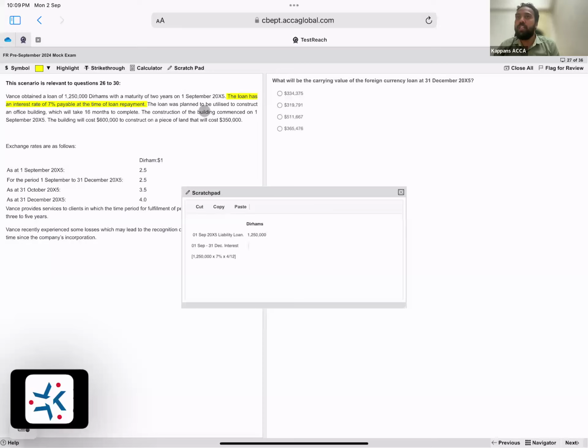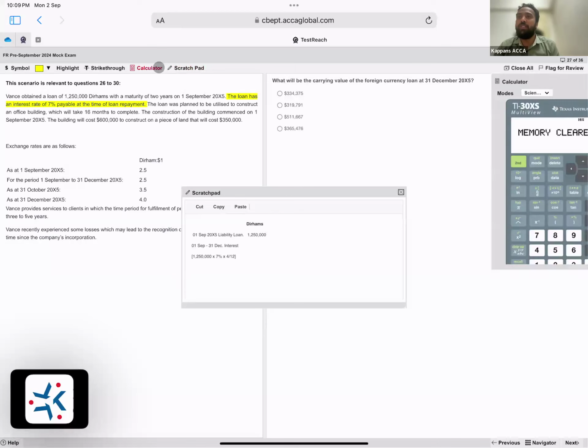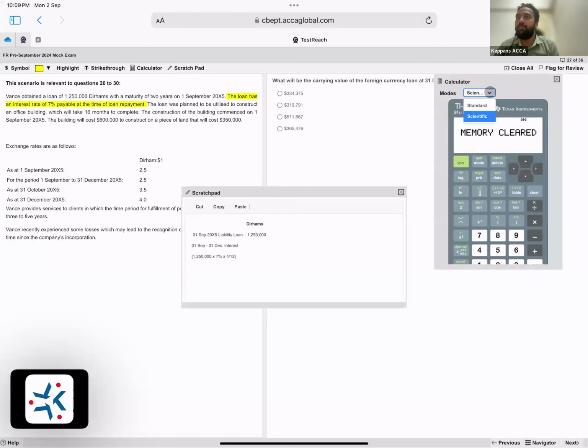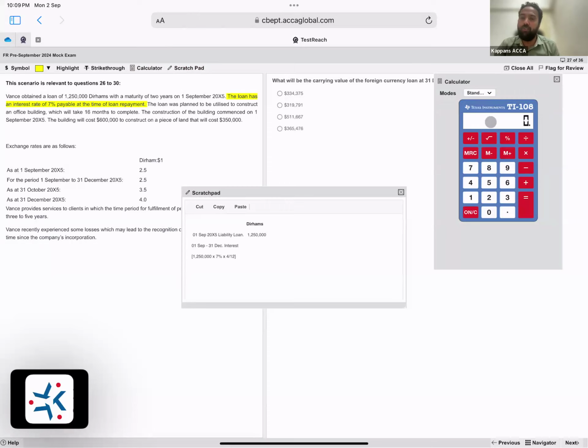So let's use the calculator to find out the interest. 1.25 million multiplied by 7% multiplied by 4 by 12 is equal to 29,166.667. So we can say 29,166.67.